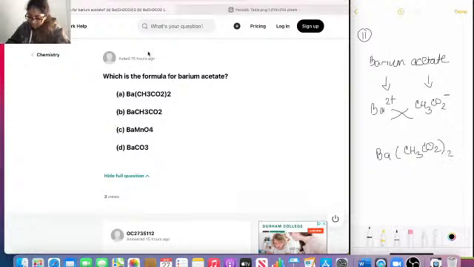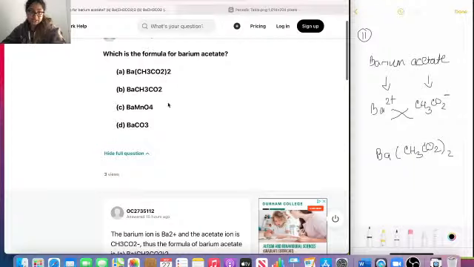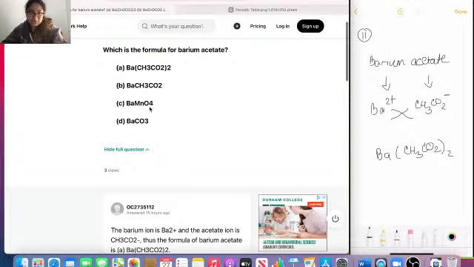We don't really write -1 and 1 as a subscript, so we know that there's only one atom of that element. So in this case, A is the right answer, and you can see that B would not be right because barium has a charge of 2. When you crisscross, you would have 2 acetate molecules. And BaMnO4, MnO4 is not the chemical formula for acetate.